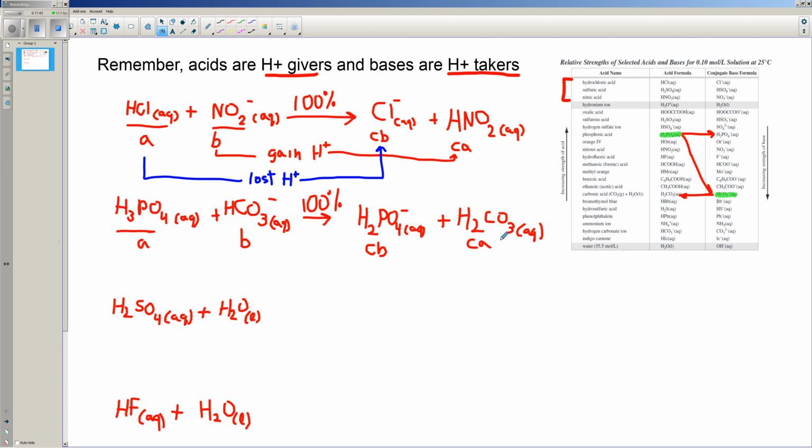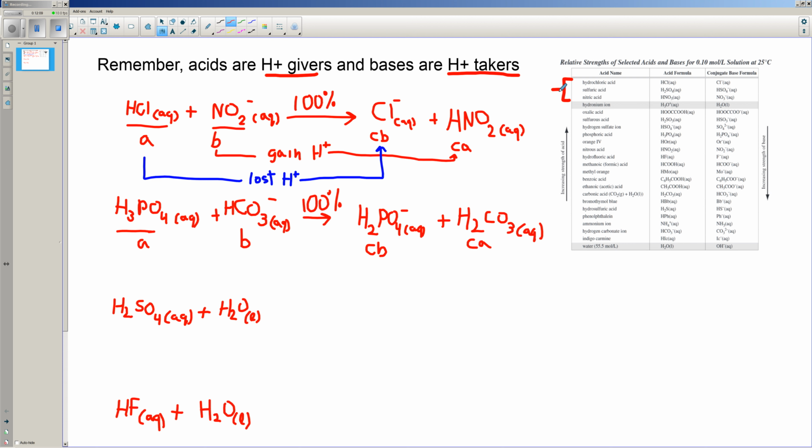So 2 more examples here. I wanted to do some reactions with water, because you're going to see reactions with water a lot. So here we have H2SO4 and we have H2O, water. Now H2SO4 is one of these top 3 acids on your table.